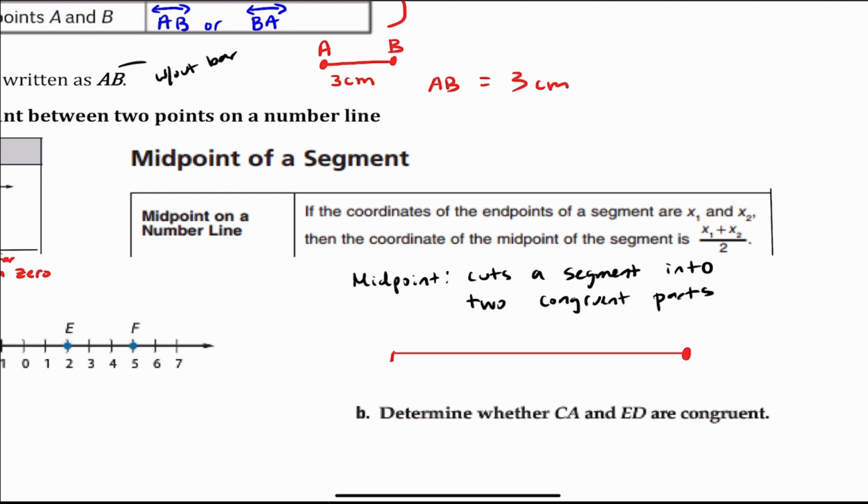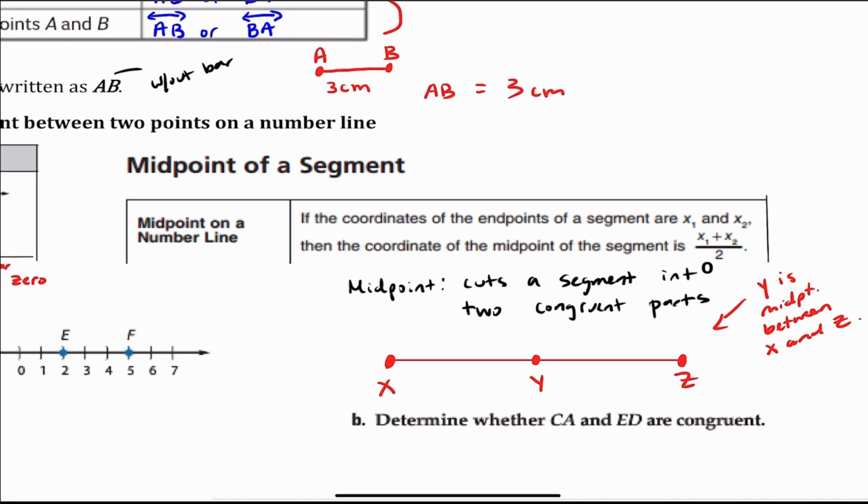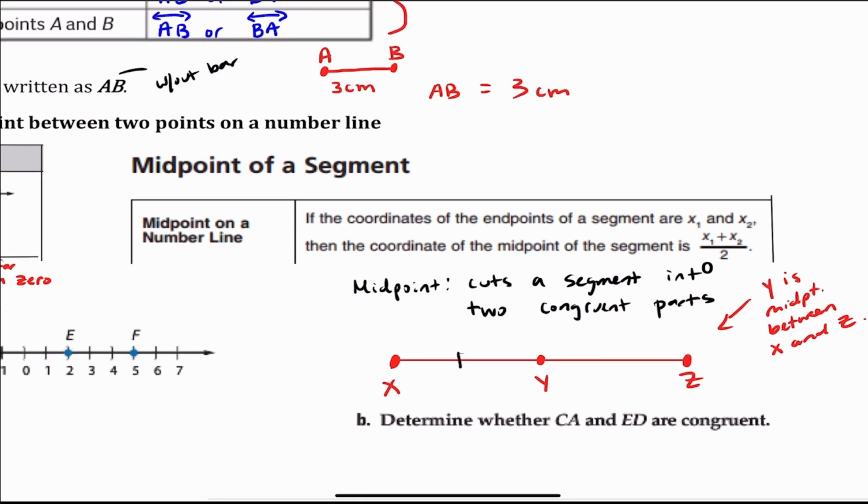Suppose I give you a segment with endpoints X and Z, where Y is the middle point between those 2 points. What happens here is that since Y is the midpoint, then logically the distance between X and Y should be the same as the distance between Y and Z. Whenever I see 2 segments are congruent to each other, I will draw tick marks to indicate congruency. One tick mark for XY and one tick mark for YZ.